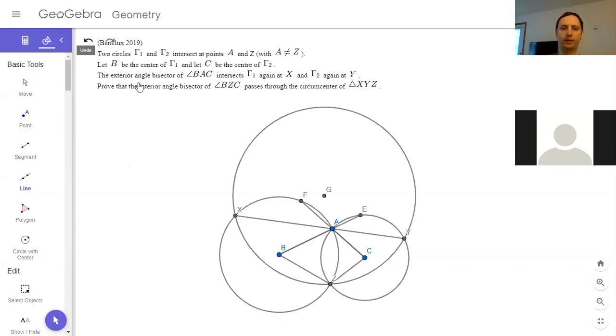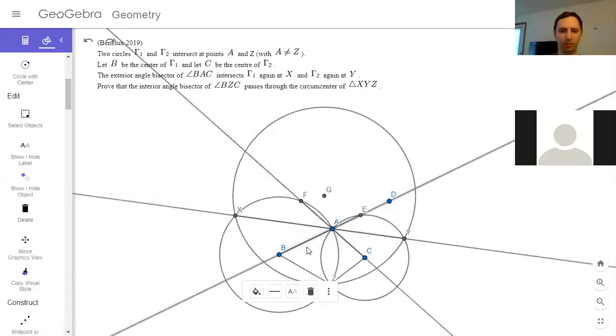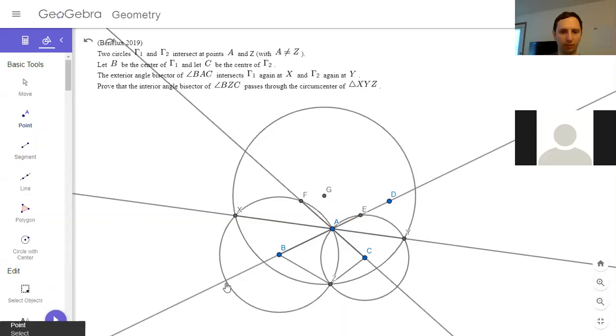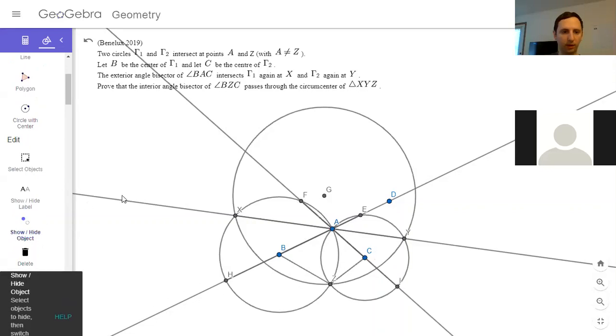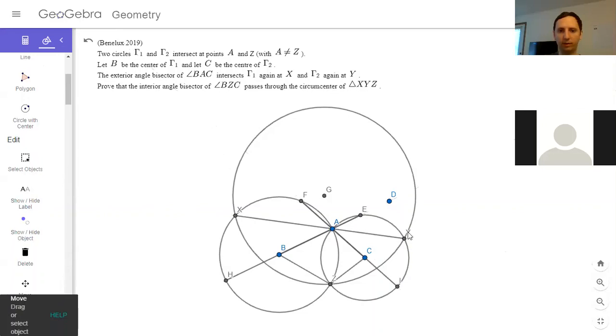We have to use the fact that this is the external bisector. So I think it's worth extending EB and FC to meet the circles. So I'm going to draw this point and this point. Basically, since this is an angle bisector, arc XF is equal to arc XH, and EY is equal to YI.